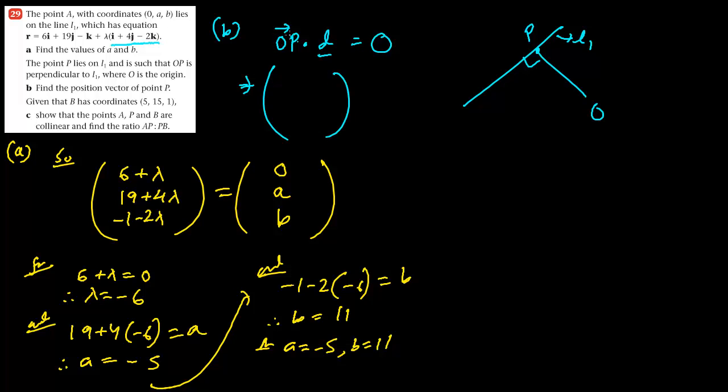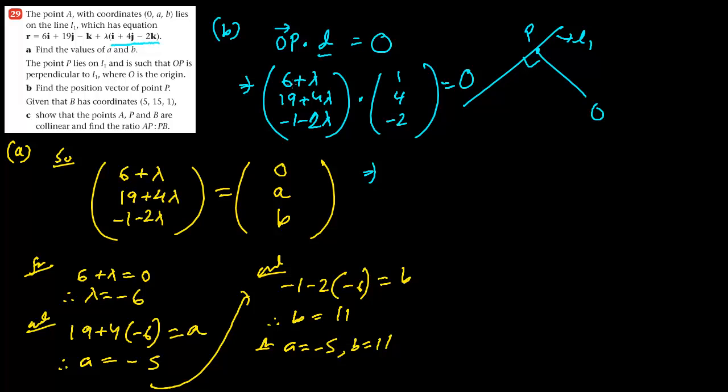Since we don't know what the value of lambda is for this point P, we can use the universal position vector, which is (6 plus lambda, 19 plus 4 lambda, minus 1 minus 2 lambda) dot the direction vector of L1, which is (1, 4, minus 2), equals 0.